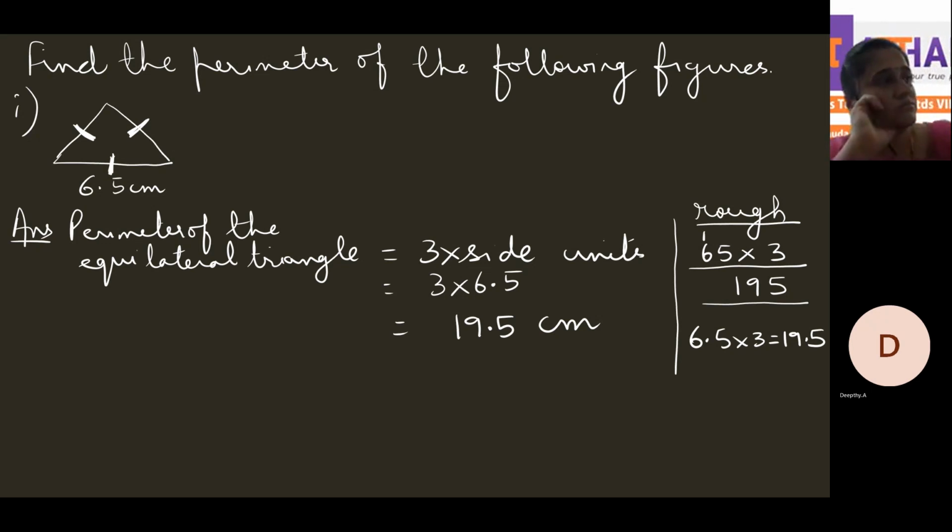Now, 19.5 centimeters square. That's only for area. Area is expressed in square units. Perimeter is expressed only in units. Do we understand it's 19.5?